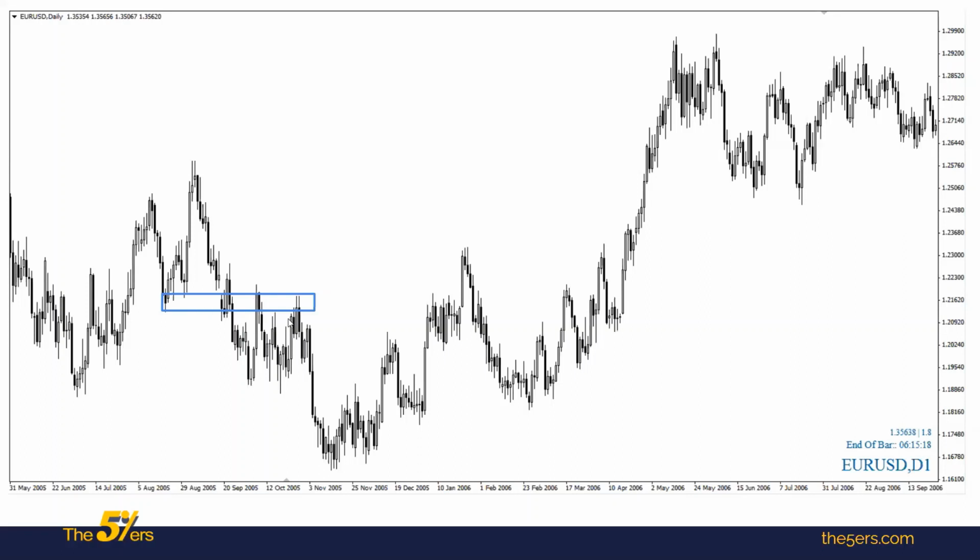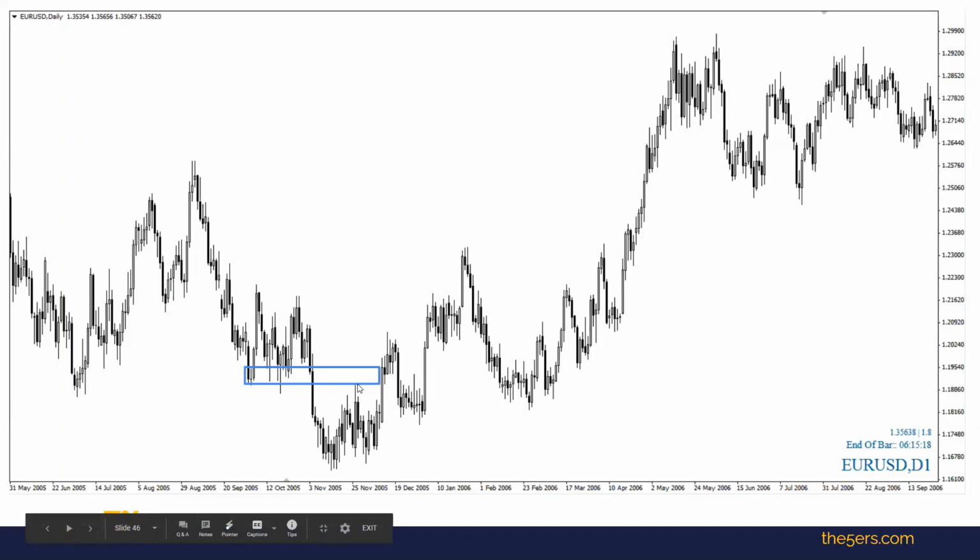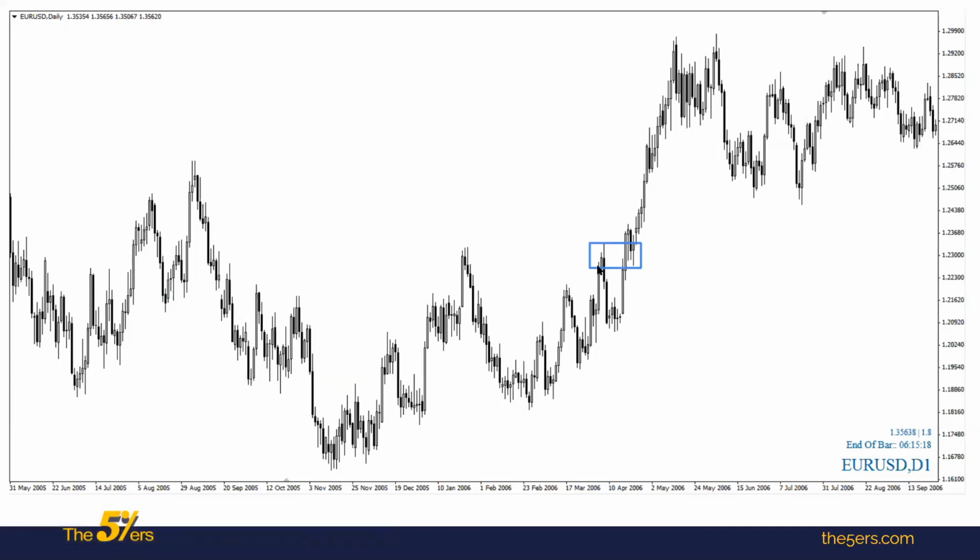So it's a swap zone, okay, again and again. A demand turns into supply from here. It's like the S shape, right? A supply broken becomes a demand.